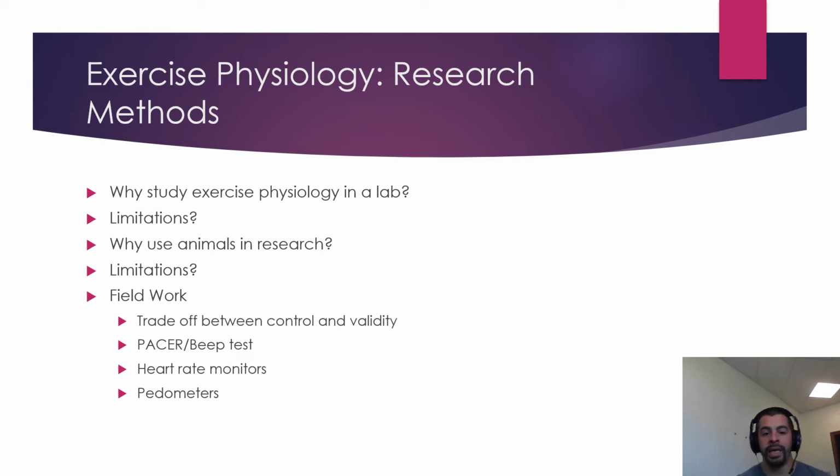An example would be that in a study, we can give somebody an exact warm-up protocol by watching them within the lab, or on a treadmill, we can give them the exact pace we want them to run. If you were on a track, while you may want them to run a certain pace, they might deviate from that. So it improves the control, which in turn improves the reliability of the results, right?